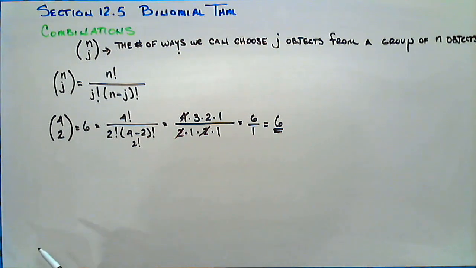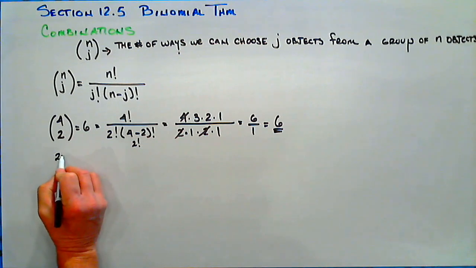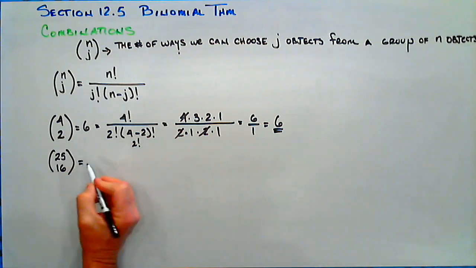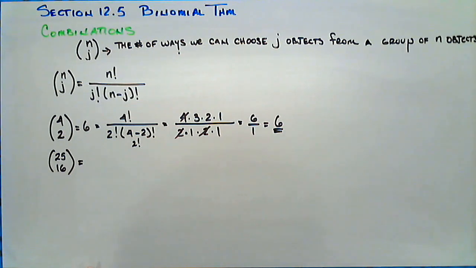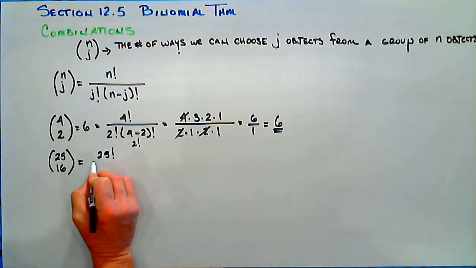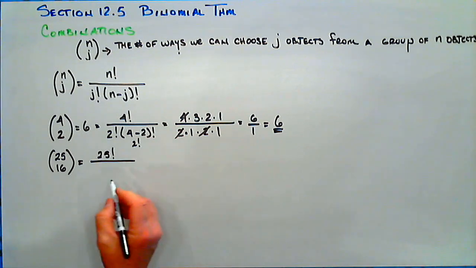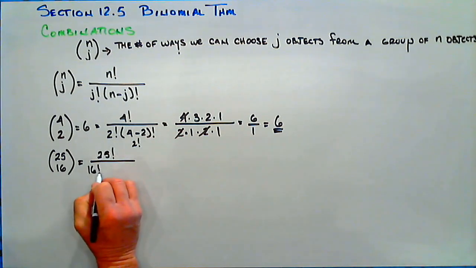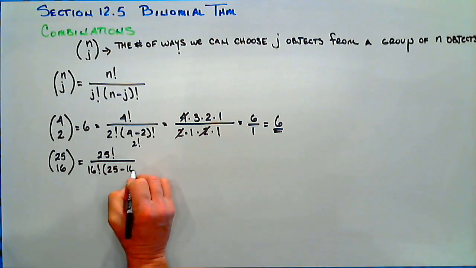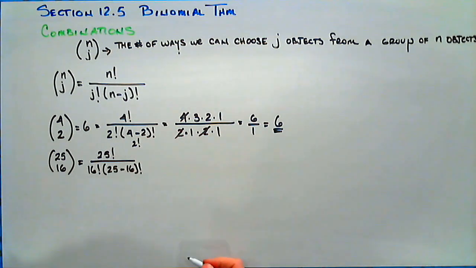Now, if we're going to get into big numbers like 25 choose 16, we're going to have to use a calculator to do this. Otherwise, you and I are going to be here for hours and hours and hours trying to write this down. What does this look like, right? This is 25 factorial divided by 16 factorial times 25 minus 16 factorial.